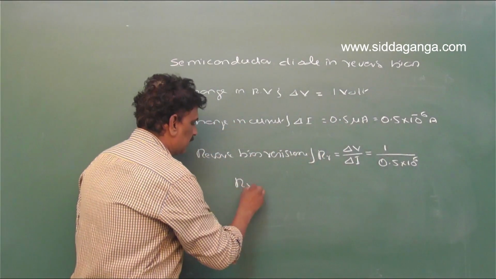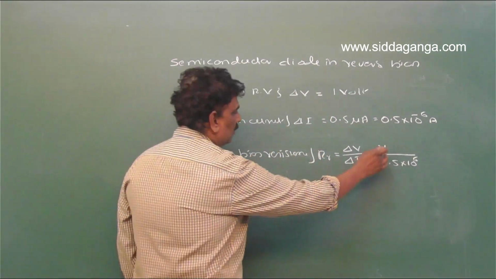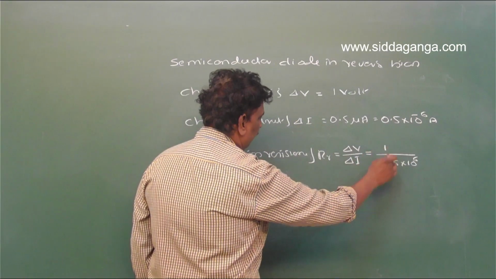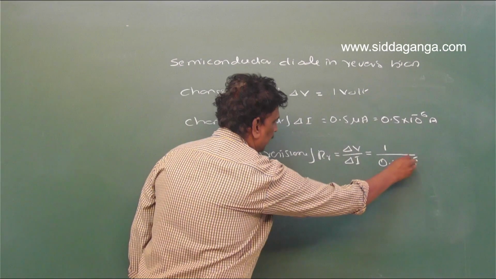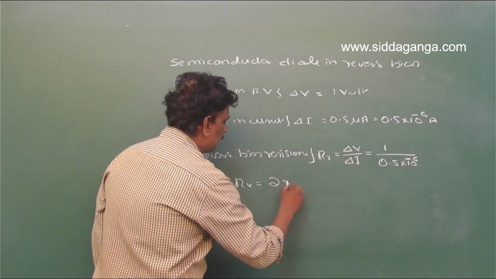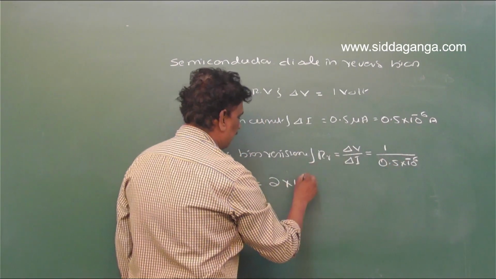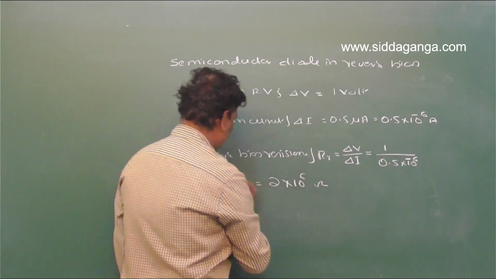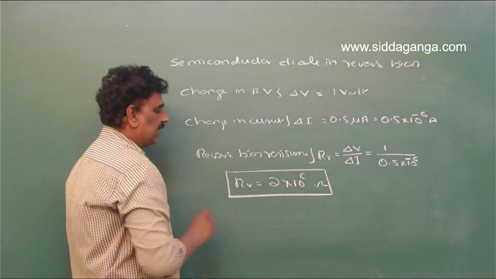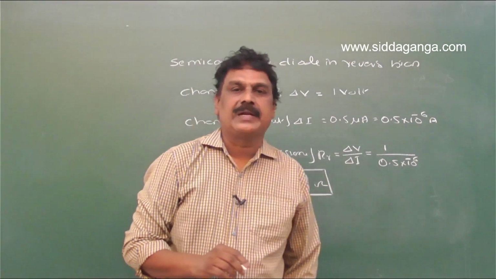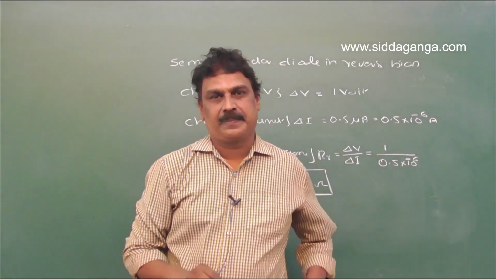So 1 by 0.5, that is 1 over 1 by 2, which is 2, so 2 into 10 power 6 ohm. So, the answer for this question is 2 into 10 raised to the power of 6 ohm.